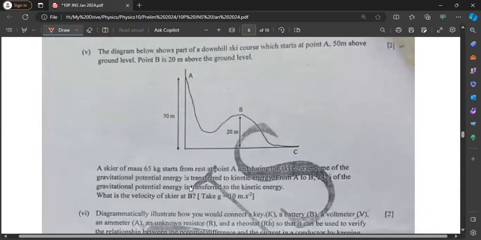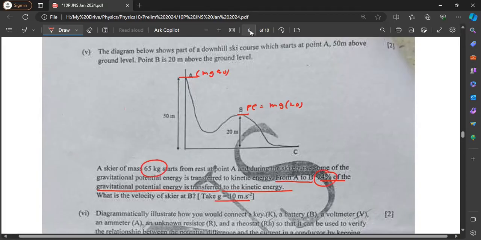This question, so here from A to B, 24% of gravitational energy is transferred to the kinetic energy. So this is A and this is B. Now B has potential energy of mg20 and A has potential energy of mg50.